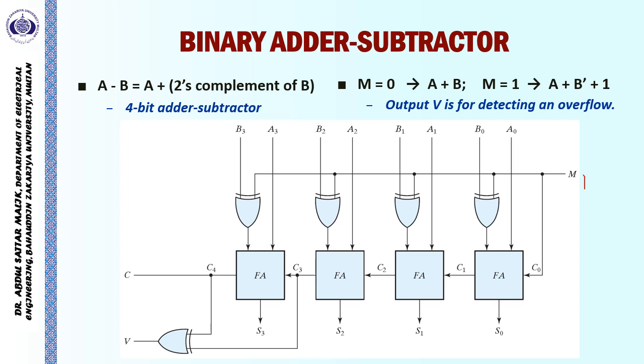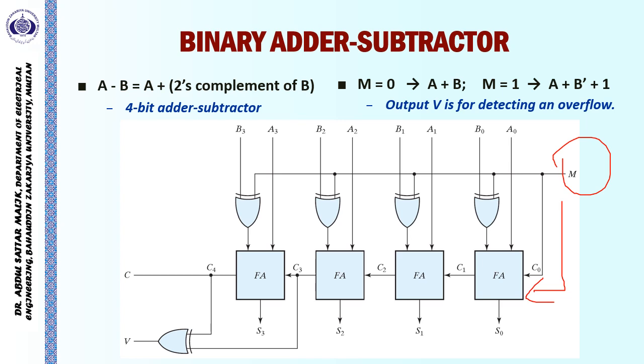We also know that the 2's complement of a number is complementing all the bits of that number and adding 1 to the least significant side. So the trick we have used here is that this M, when it is equal to 1, is also coming at C0. So that will add 1 to the least significant side.